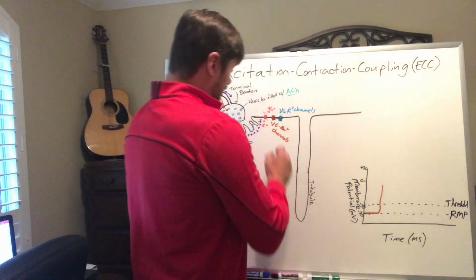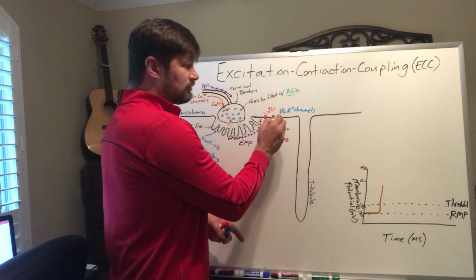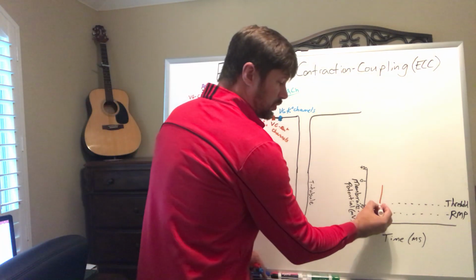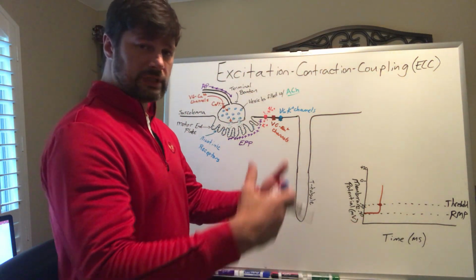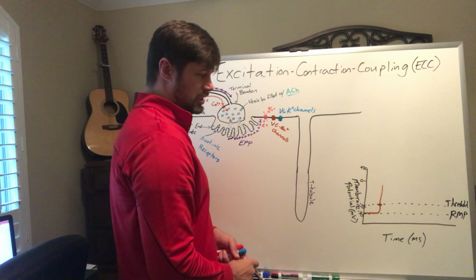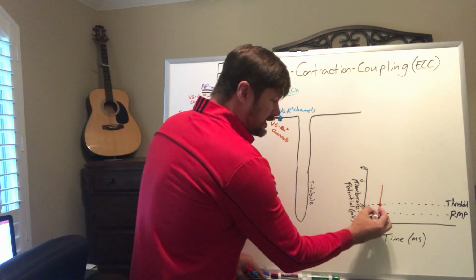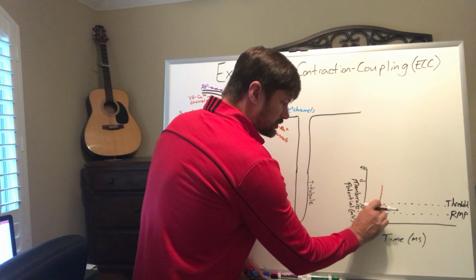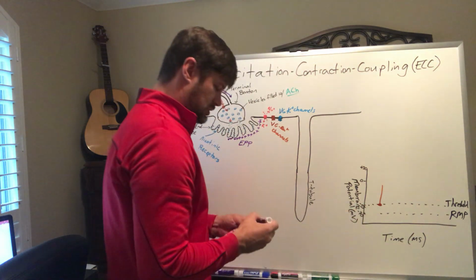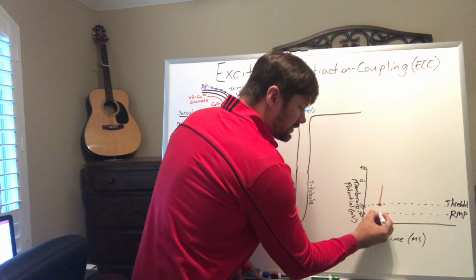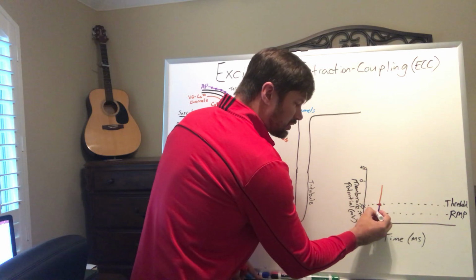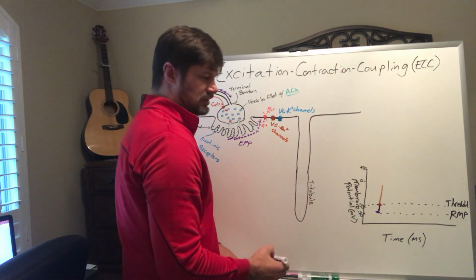Okay? Well, that's with the EPP, and when voltage-gated sodium channels open, they're opening right here at threshold. Threshold means the opening of voltage-gated channels. So the EPP, and let me change the color so this is more clear to some of you. The EPP is going to be the first portion of this curve. It's going to be the incline of that curve.